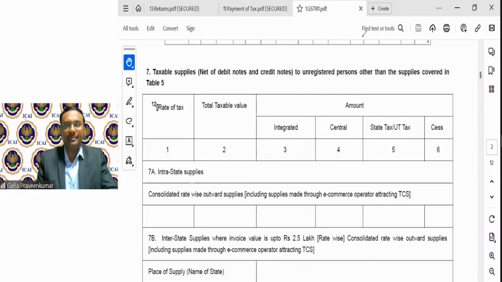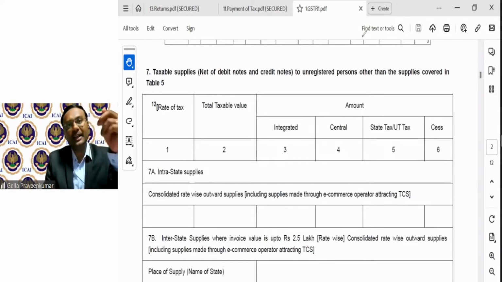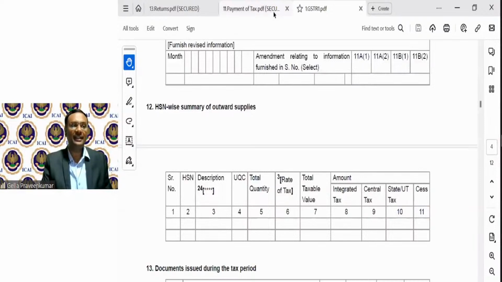Table number 12 is mandatory. If not given, what will be the consequence? I'm glad you asked this question, Namrata. Now, always go with a different tendency: what if I don't fill? What if I don't give? There are miscellaneous provisions where you are supposed to maintain books of accounts and give the HSN summary. For some of you who don't know, my table number 12 is the HSN-wise summary.